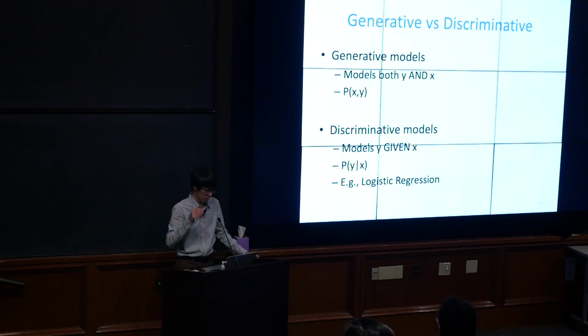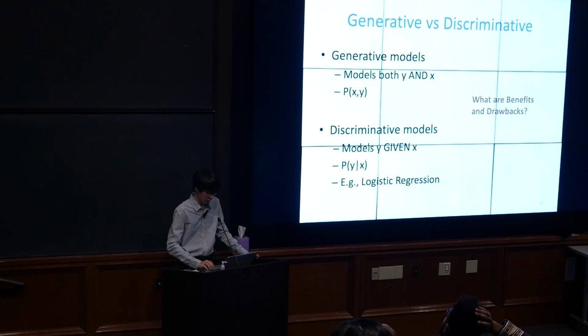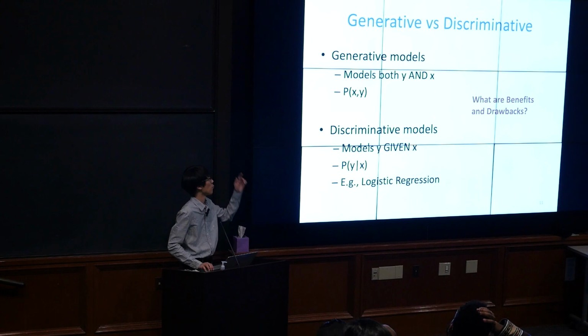Whereas in a discriminative model, we model y given x, so it's only modeling the probability of y conditioned on x. There are possibly fewer things we can do with that. So in the next slides, let's talk about the benefits and drawbacks and why you might want to do one over the other.